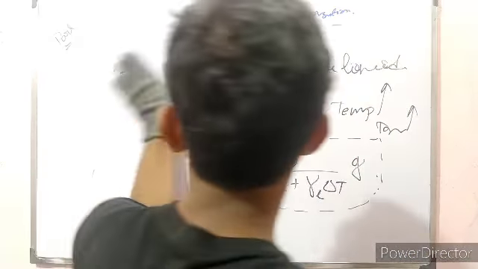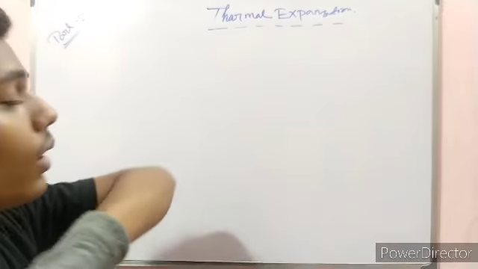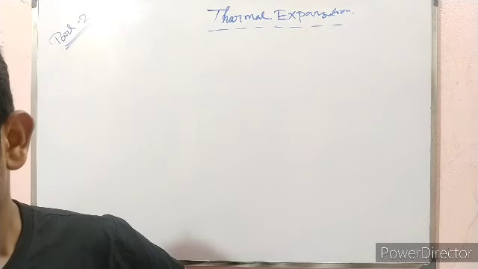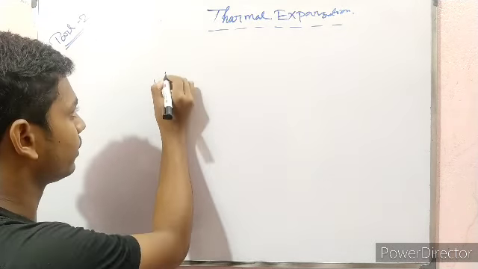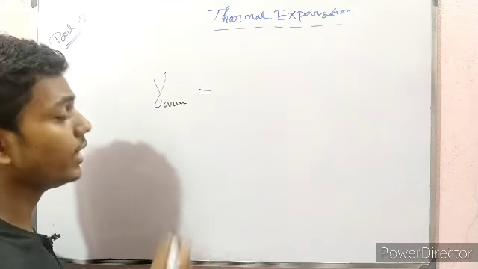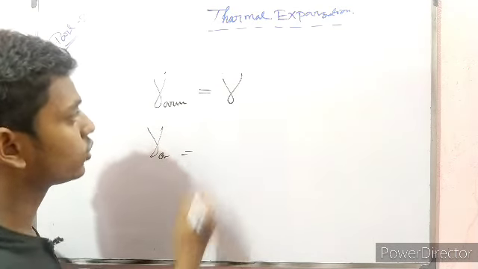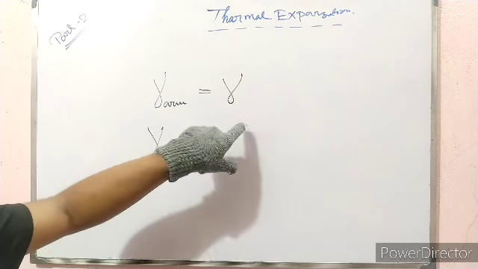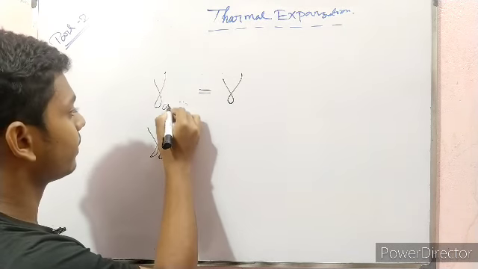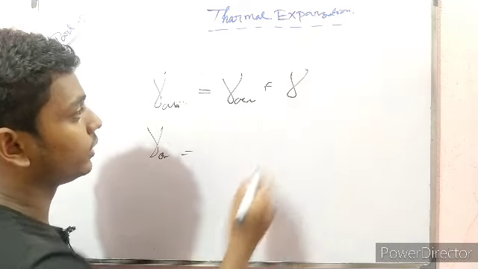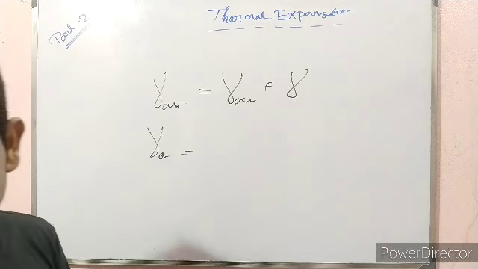Now the last concept of today's video is that gamma apparent plus the gamma of the material gives gamma absolute, where gamma of the material is the coefficient of cubic expansion of the material.